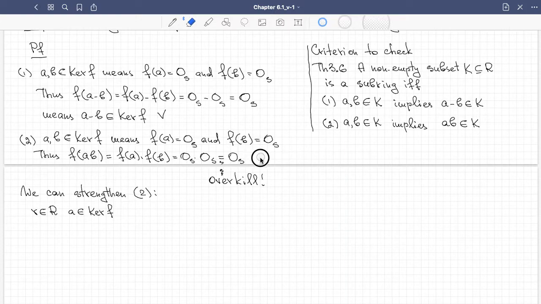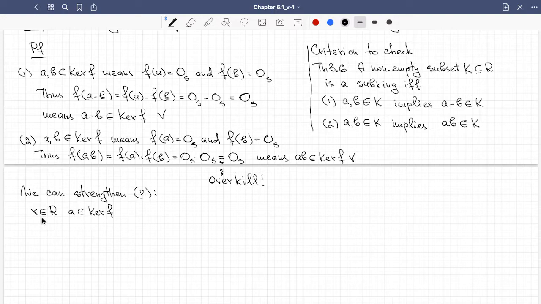I put a check mark, but I did not write the conclusion. So F of AB is 0, means AB belongs to the kernel of F. Now it is checked.